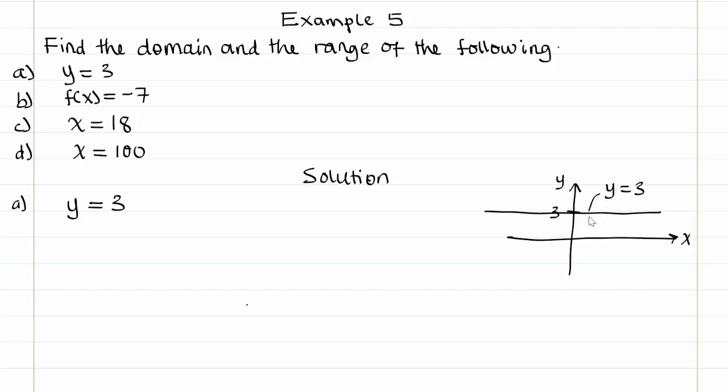Clearly here we can see that the line is perpendicular to the y-axis and it is parallel to the x-axis. In other words, this line does not meet the x-axis, and as we say, it is independent of x.